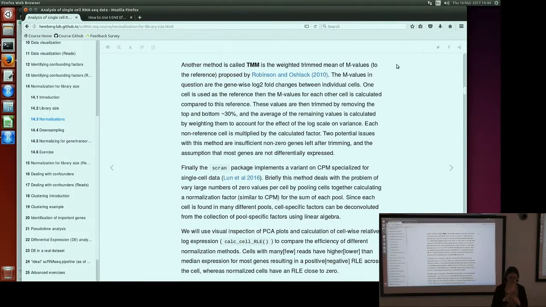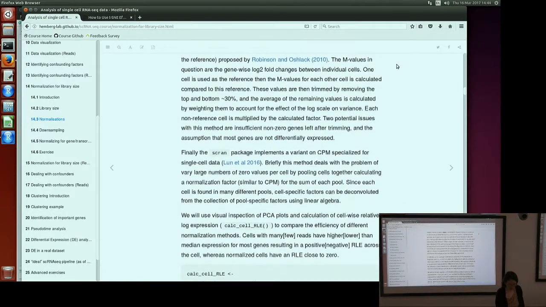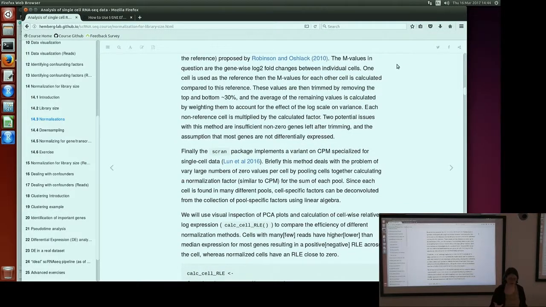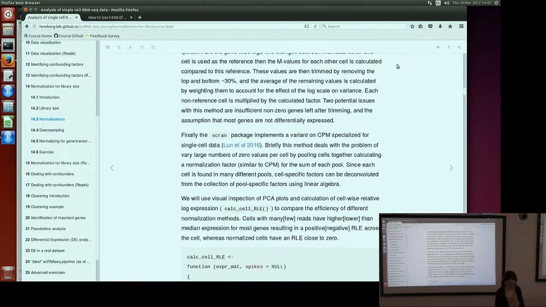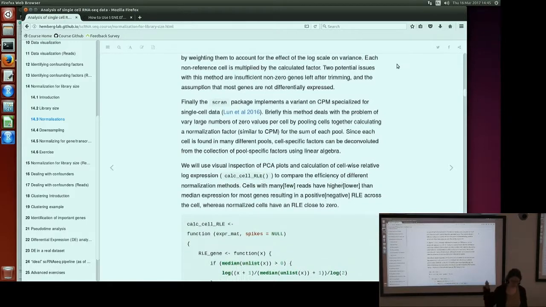Those become the M values, and then it calculates the mean of that. First it removes the extremes, and then it weights them and calculates the mean of those to give you a normalization factor. And then again, you just divide each cell by that normalization factor.